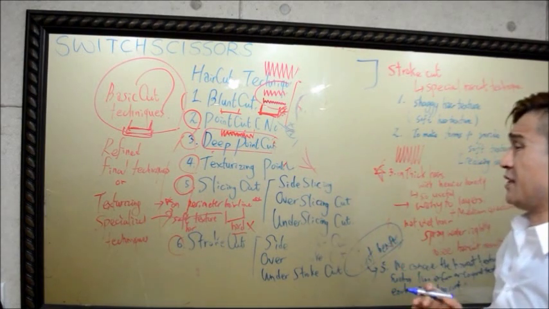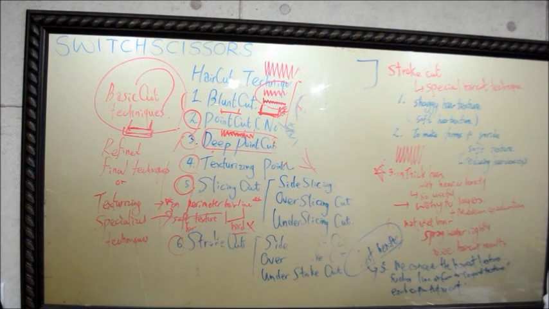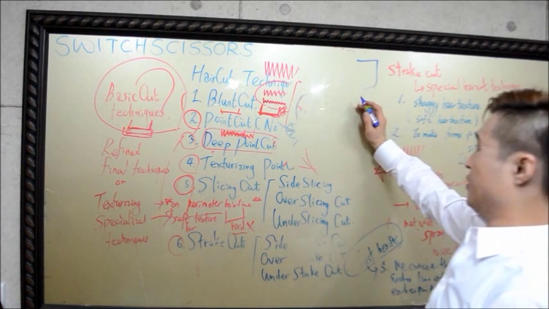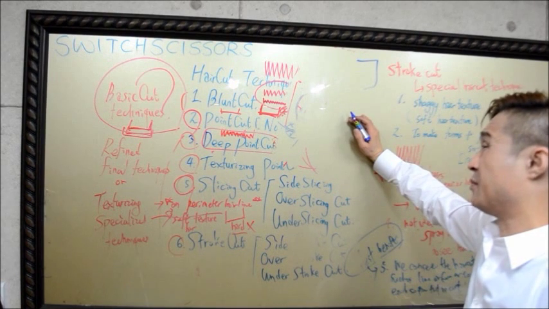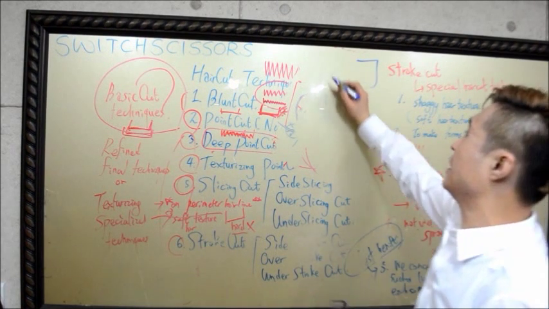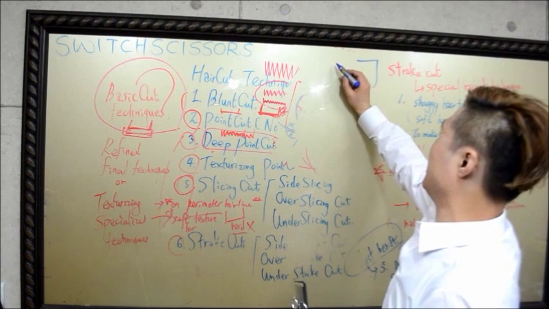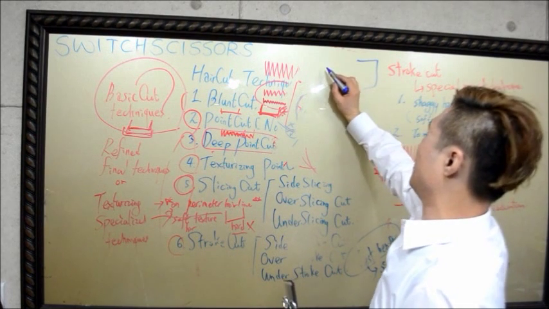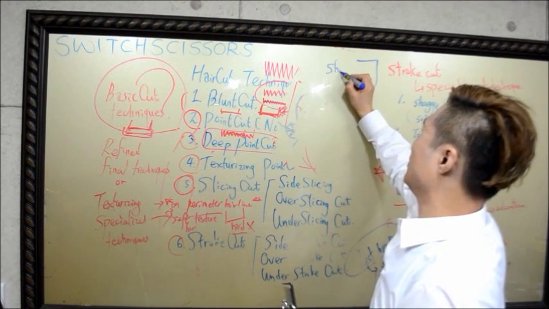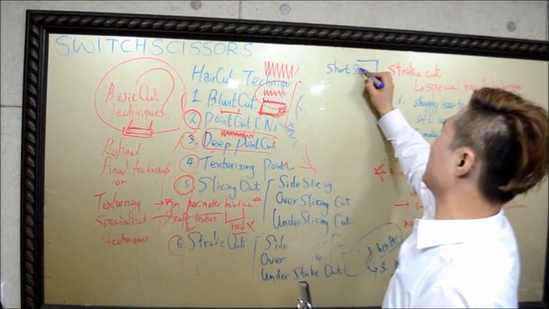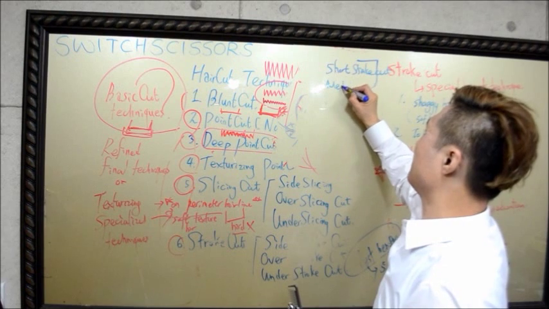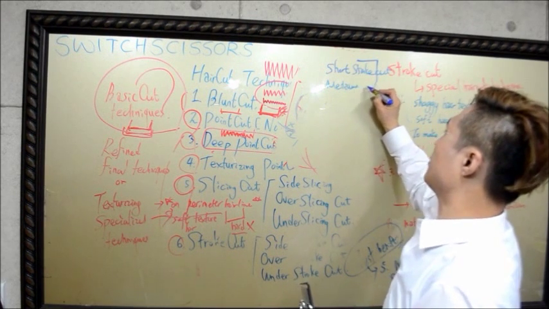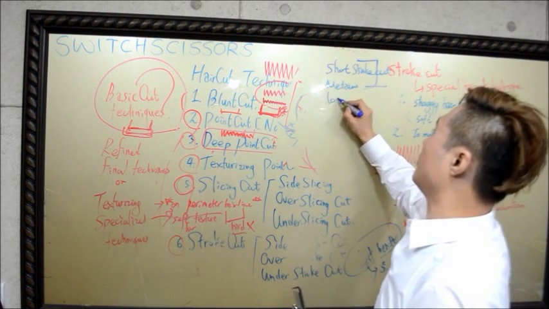Today I show just the basics of how to do it properly. Depending on how deep the motion is, there are kinds of stroke cut: short stroke cut, medium stroke cut, and long stroke.